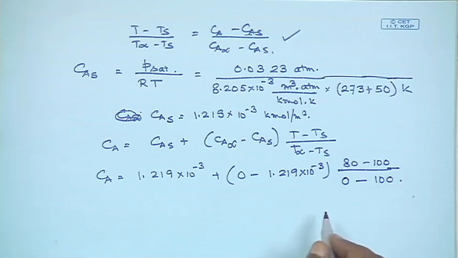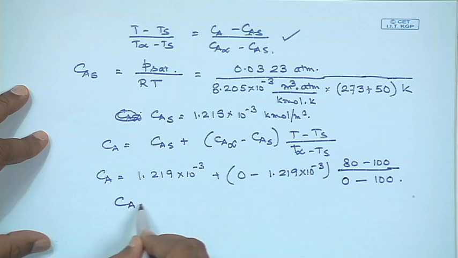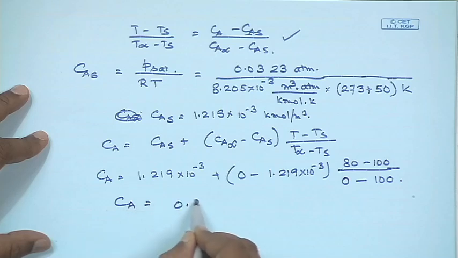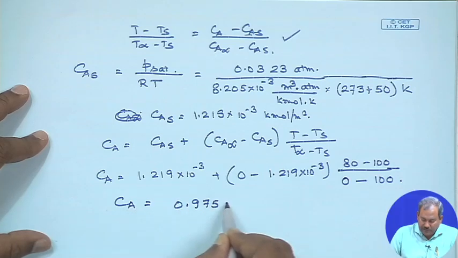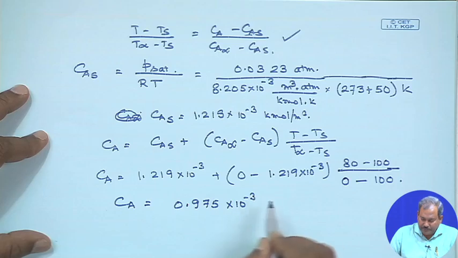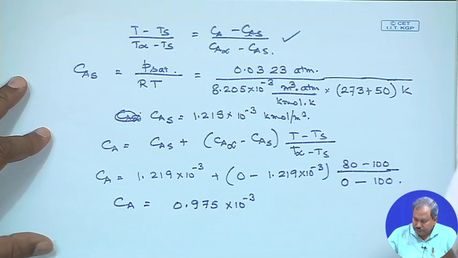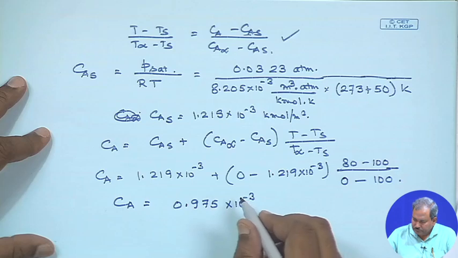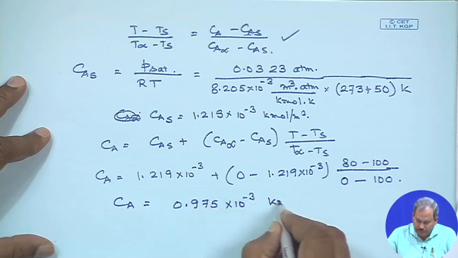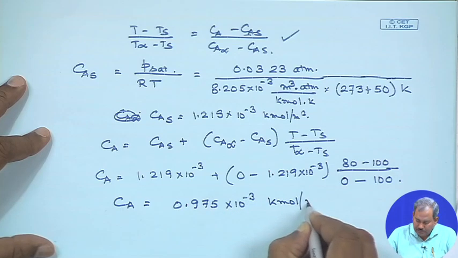So, when you do that, you are going to get C A to be equal to 0.975 into 10 to the power minus 3. This is kilomole per meter cube.